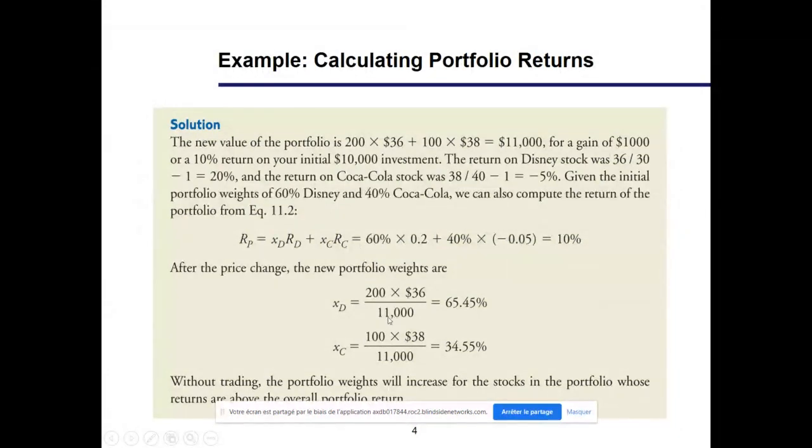With $11,000, if the number of shares of Disney and Coca-Cola you still hold the same, you don't buy and sell extra of these two stocks, you're going to be able to recalculate the new portfolio weights, which is now your new portfolio contains 65.45% in Disney stock and 34.55% for Coca-Cola stock.